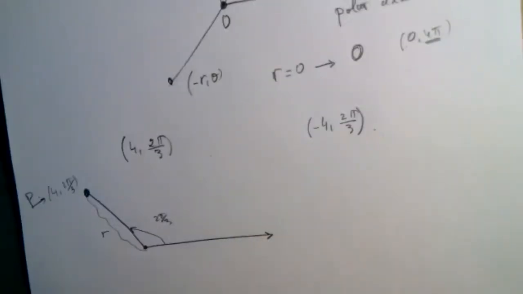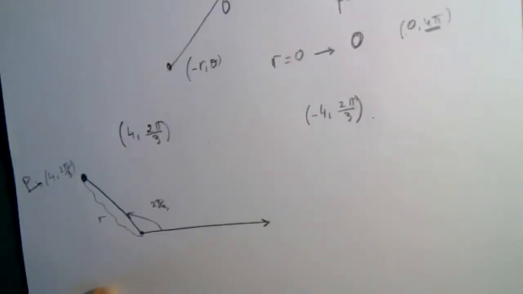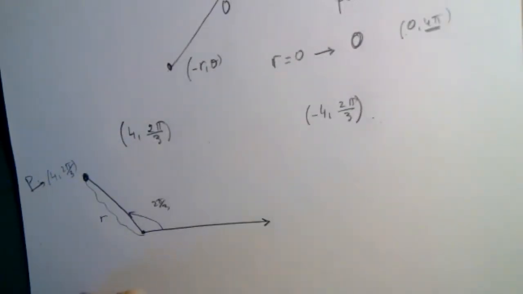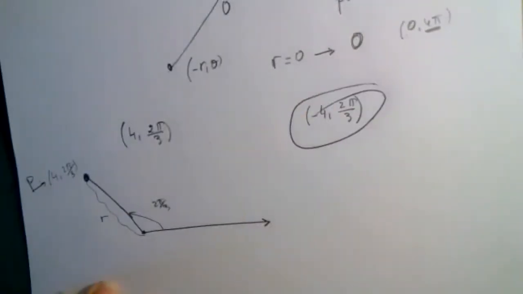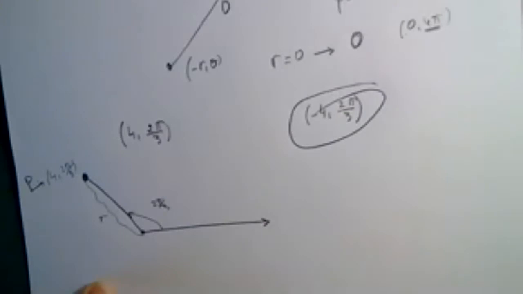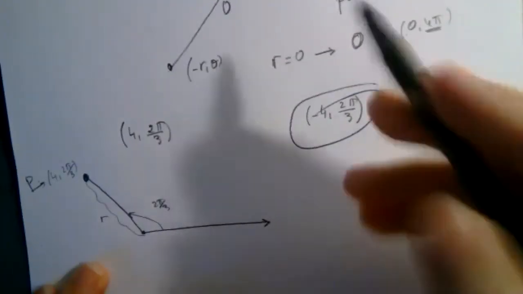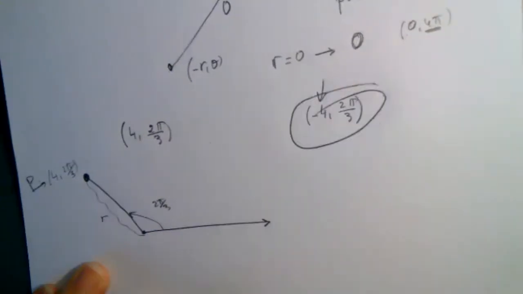Now, what is the point (-4, 2pi/3)? In which quadrant is this point going to be? Quickly, I want answers so I can proceed. Chat is open for you. If I want to sketch the point where R is -4, the angle is still 2pi/3.